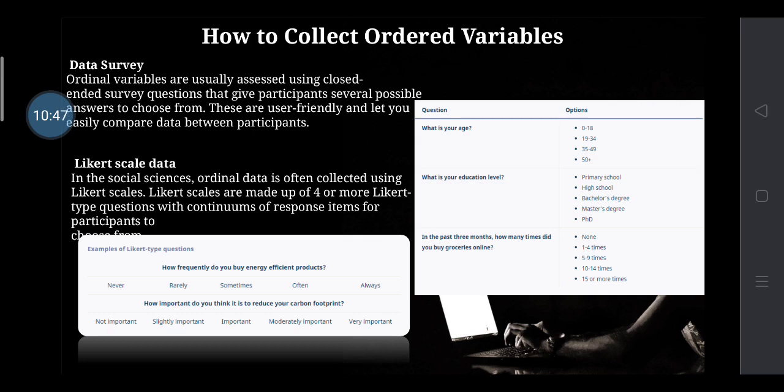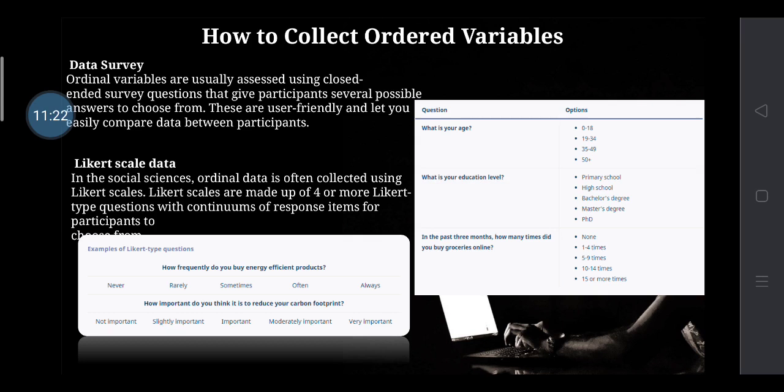The first is none, 1 until 4 times, 5 till 9 times, 10 until 14 times, 15 or more times. These are examples of a data survey, where every respondent fills in the form, answers every question, and the data on the respondent is collected.